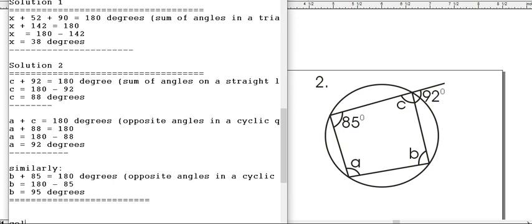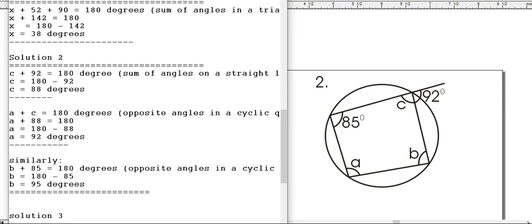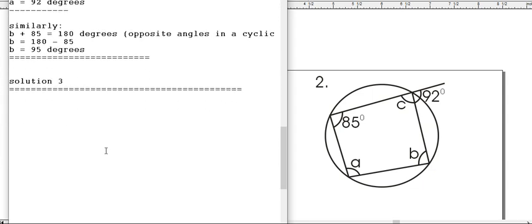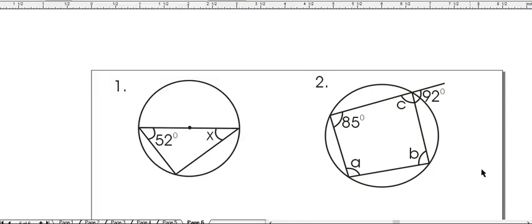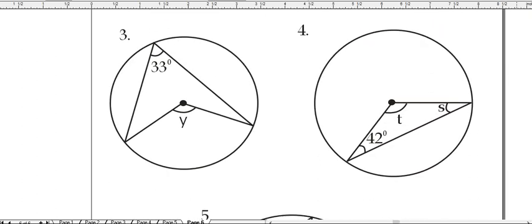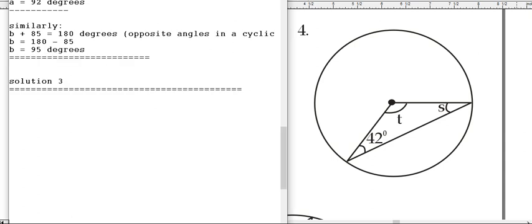So let's go to solution 3. This is exercise 3, example 3.